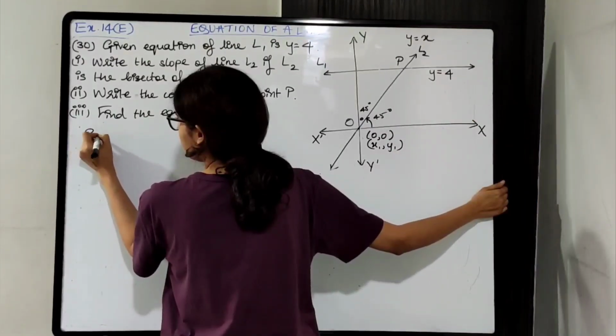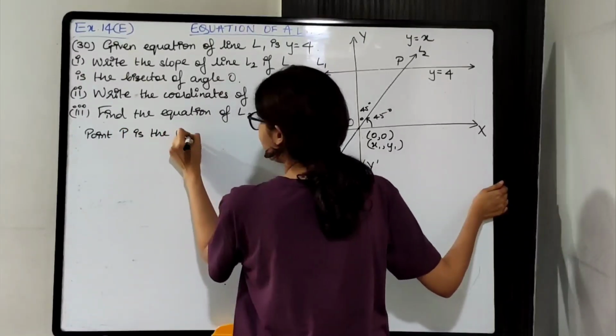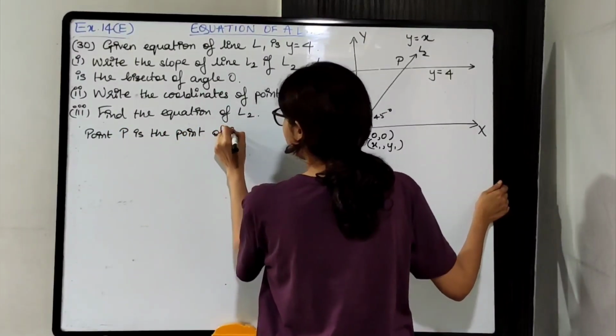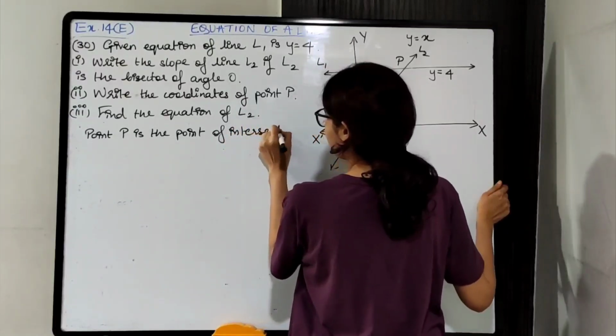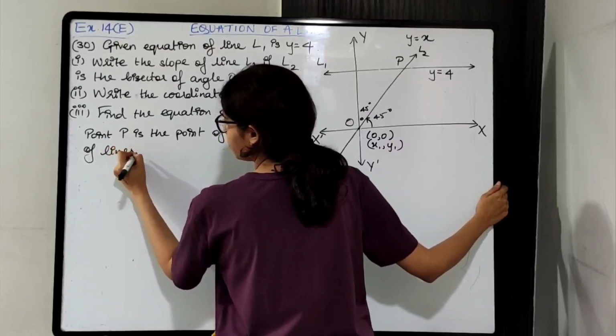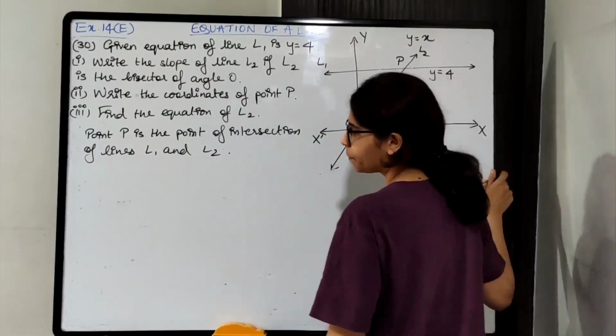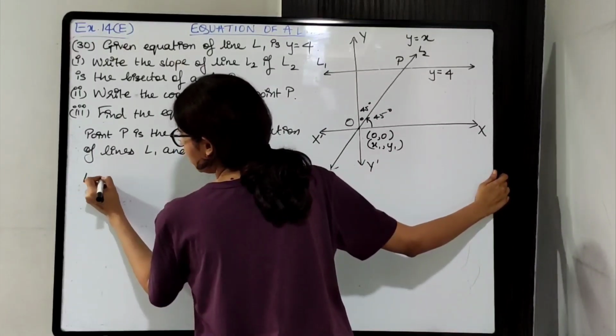So write down point P is the point of intersection of lines L1 and L2. Okay, so what is the equation of L1?